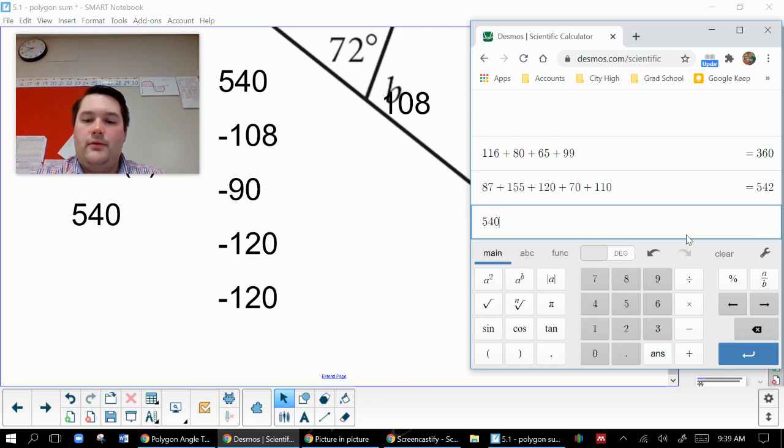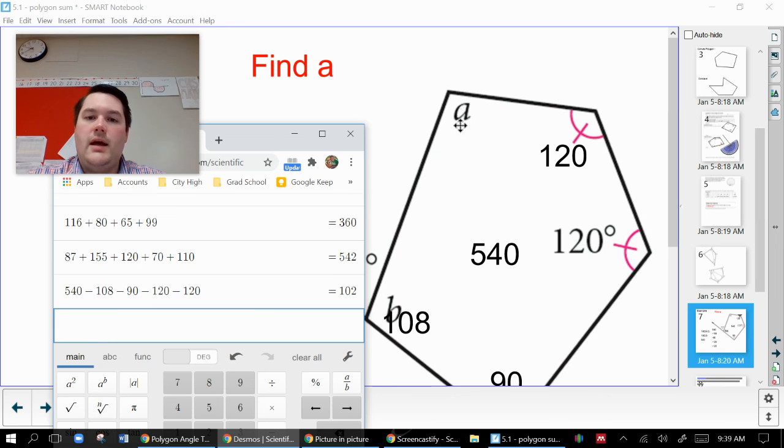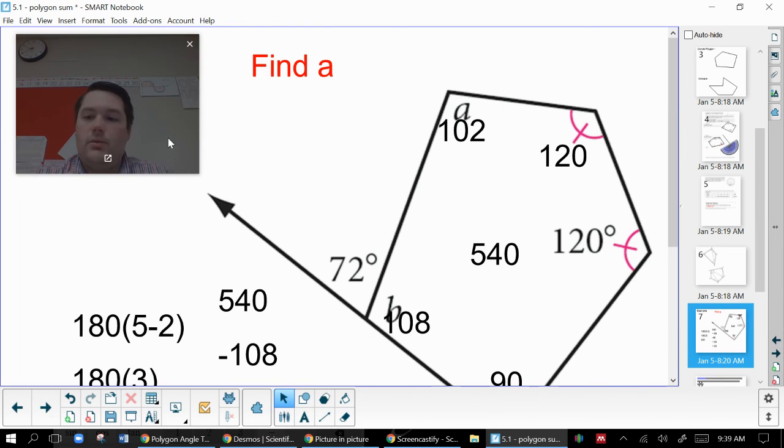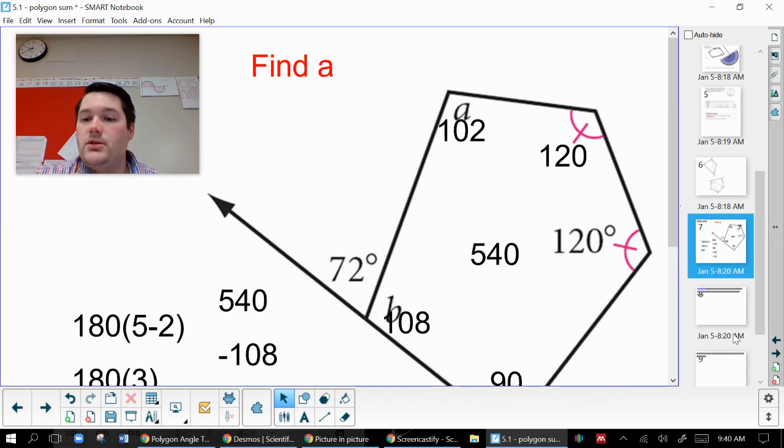So 540 minus 108 minus 90 minus 120 minus 120 is 102. So we know that this missing angle up here has to be 102 degrees. So that's pretty much the idea here. You're going to be combining things that you've learned before with new things to find missing angles or solve some problems.